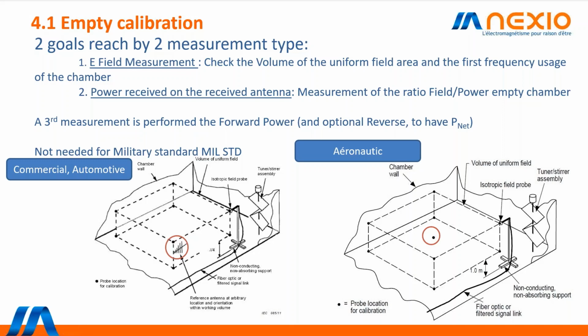The standard precises that the received antenna should be placed inside the working volume. No need to go deep in details, but the standard gives more information for the distance with wall, orientation, etc. The number of 8 or 9 positions decreases for higher frequency. This means that above 10 fs, we could measure only 3 positions. So as you can see, there is one position in each corner, and you've got the 9th position in the center.